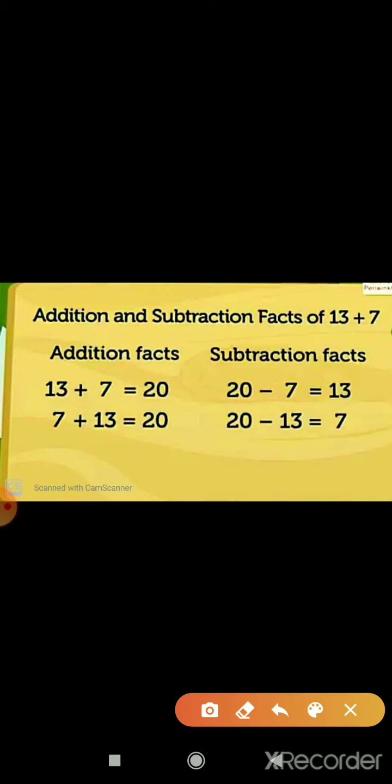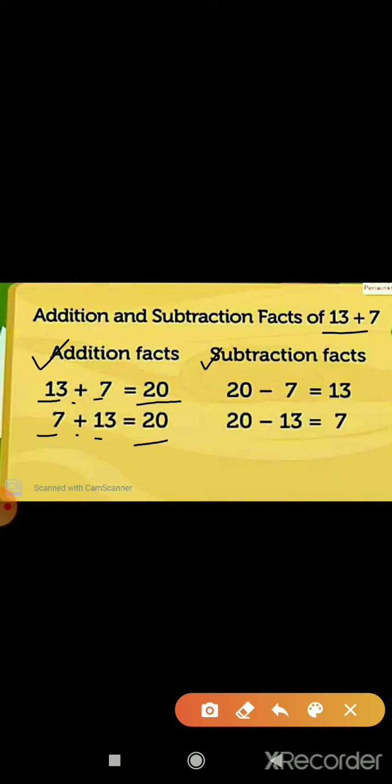So let us learn the addition and subtraction facts of 13 and 7. Addition facts for 13 and 7 are 13 plus 7 is equal to 20, and 7 plus 13 is equal to 20.